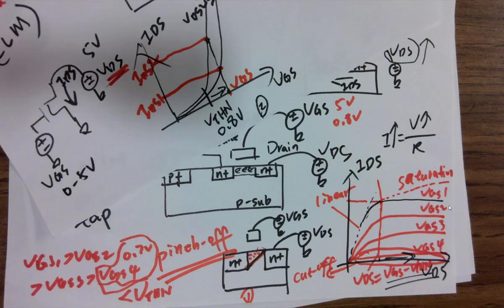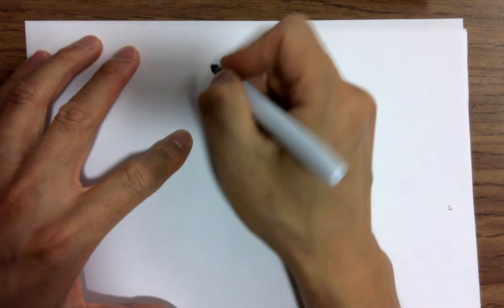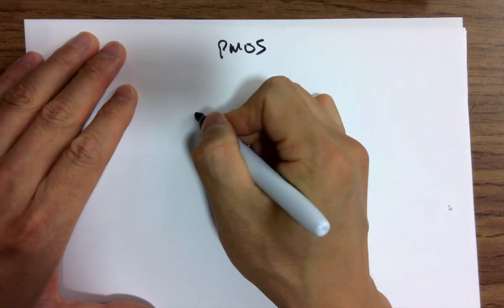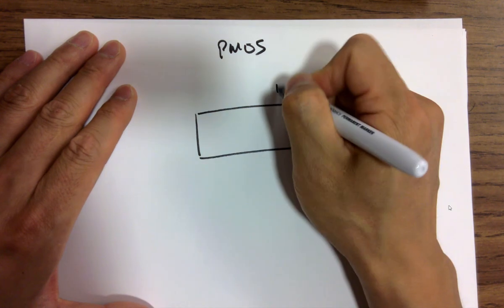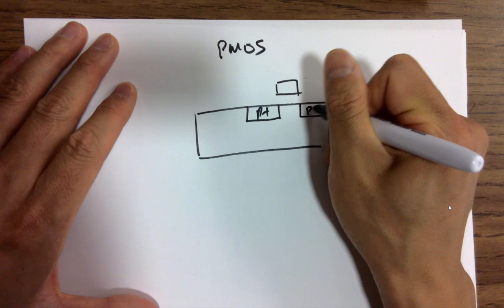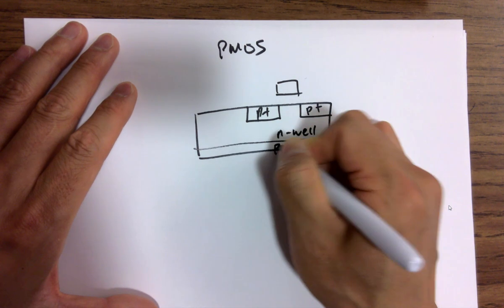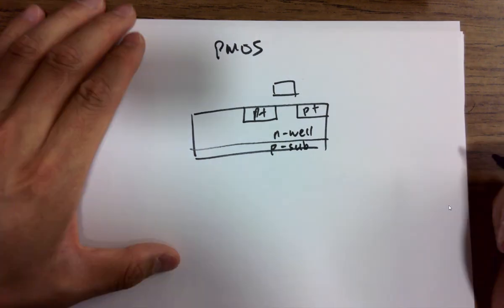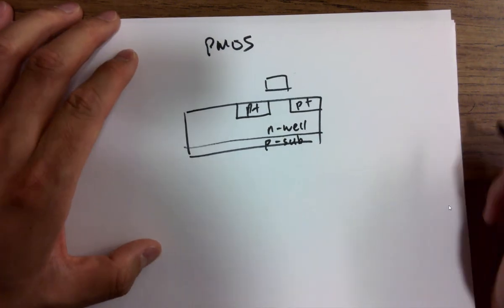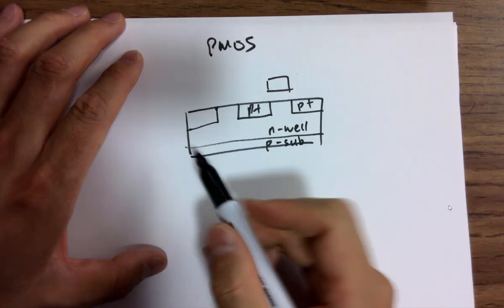What about PMOS? Very similar. PMOSs are fabricated in N well. We covered this on Friday, so watch the video if you missed it.